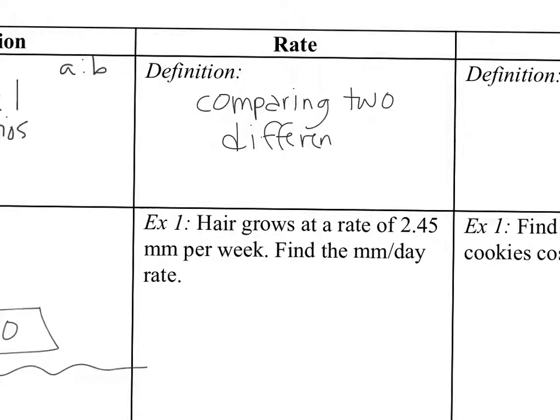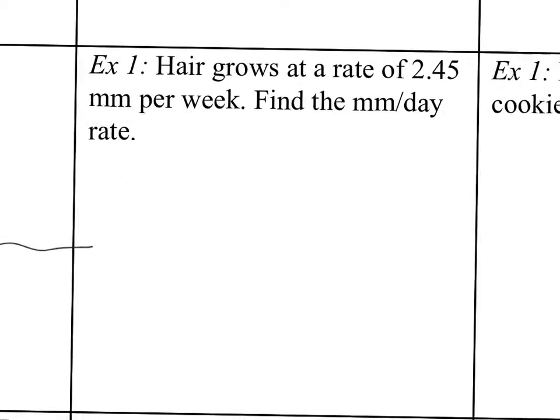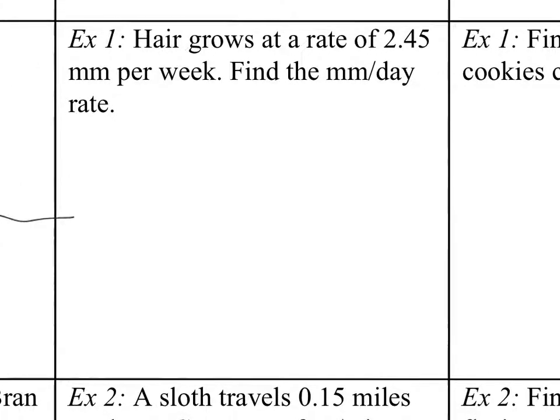So you can compare costs in ounces, meters a second, number of apples eaten in a minute, anything that's two different rates or units. So example 1, hair grows at a rate of 2.45 millimeters per week. See how there's two different units. You have millimeters in a week. Find the millimeters in a day.